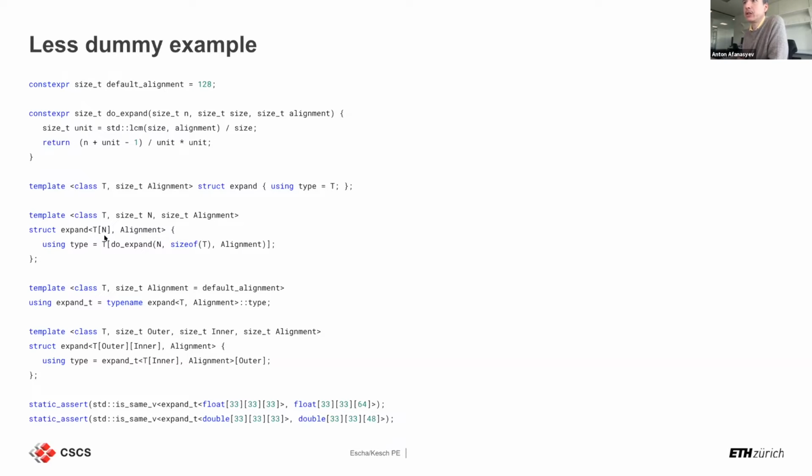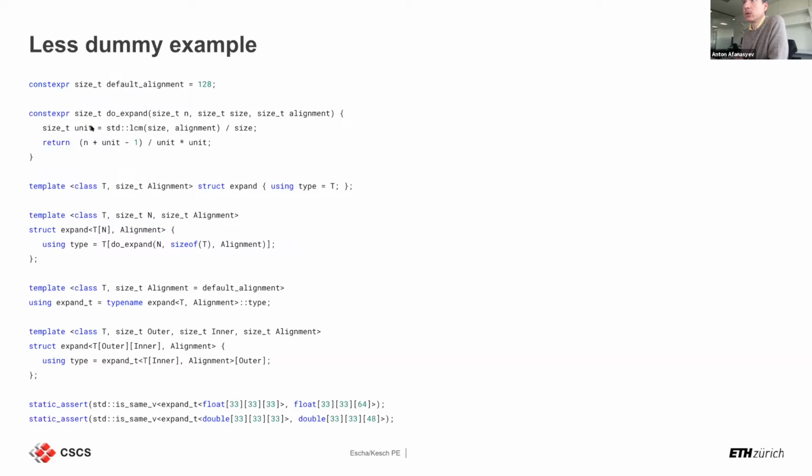If we have an array, we do our expansion, and we delegate it to some function that is constexpr. Why should it be constexpr? Because it appears in the declaration of the array type. So by necessity, it should be constexpr.